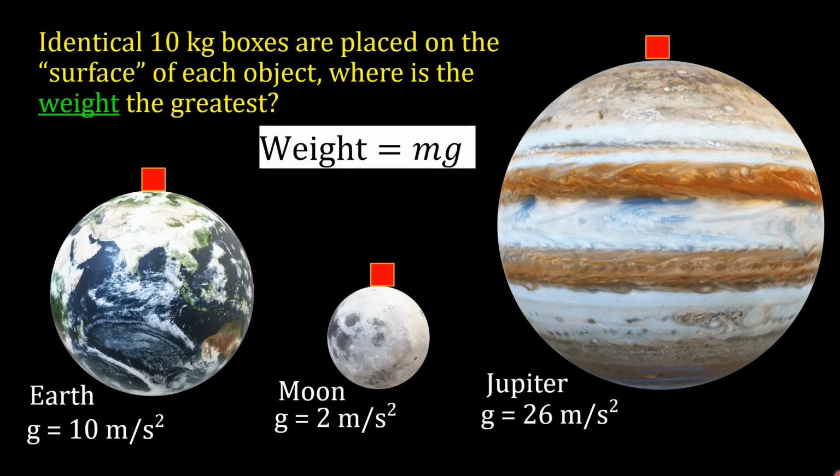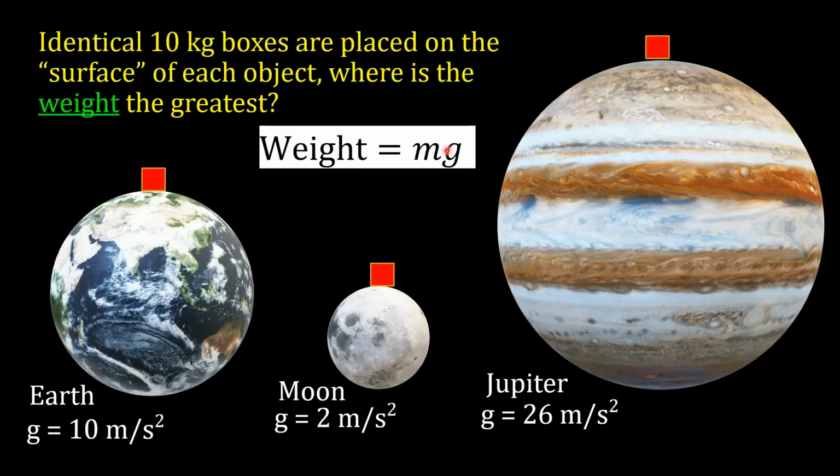We just defined weight as mass times the acceleration due to gravity. And I just mentioned that mass is the same for all three boxes in all three locations. But as we're showing here, the acceleration due to gravity is not the same. So if mass is the same, then this is the factor that's going to determine the answer to this question.